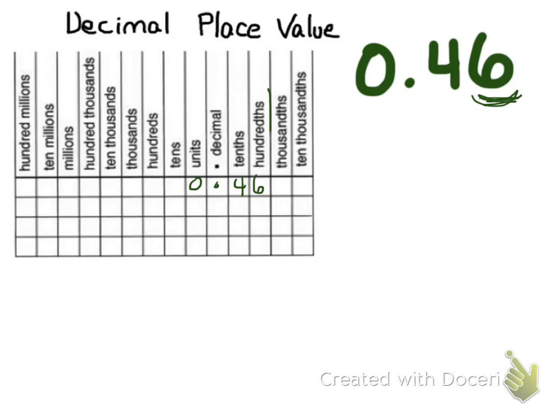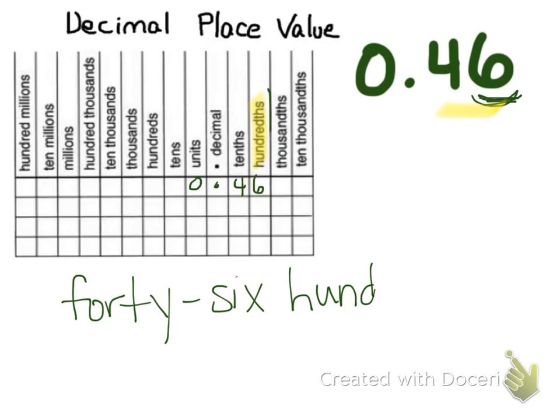So when you look at what place value the 6 is, it's in the hundredths. So we need to say 46 hundredths. That would be how we would write this. Now part of what you are going to be expected to do is to write it out in words, and we do expect that you spell things right. So kind of what I remember is it's the word hundred, and then you just add THS. So this decimal is 46 hundredths.